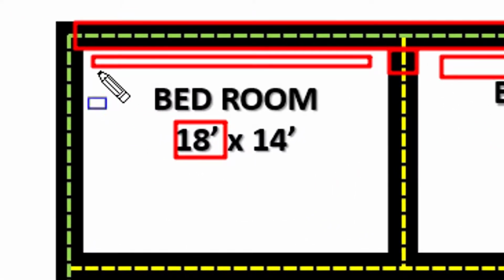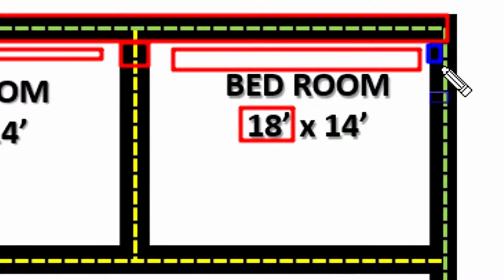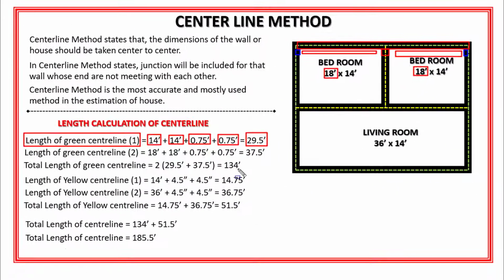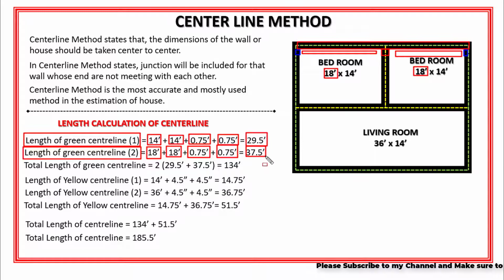And half of the width of both these walls are also 9 inches, which is equal to 0.75 feet. So the length of this green center line will be equal to 18 feet plus 18 feet plus 0.75 feet plus 0.75 feet, and it will be equal to 37.5 feet.